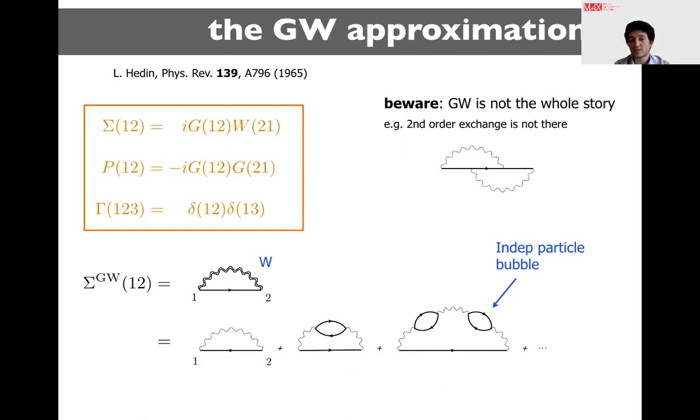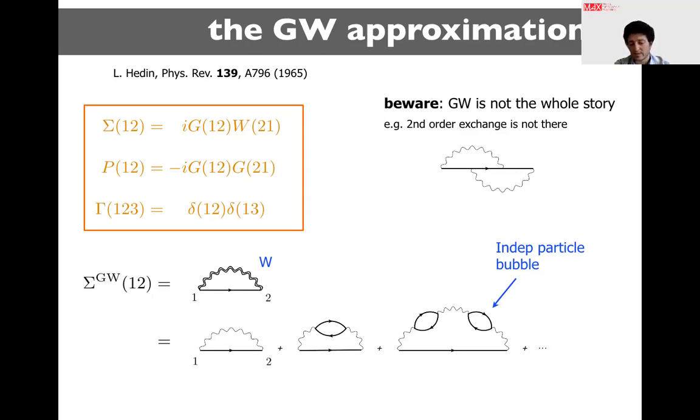And it's important to note that since we have made approximations, these are not all the diagrams that would be required to have the exact self-energy, but are just a subset. A first diagram that is missing is already at second order, a second order exchange diagram that is actually not in the GW self-energy.